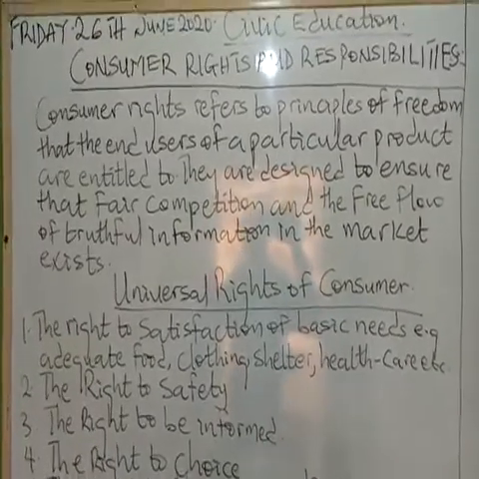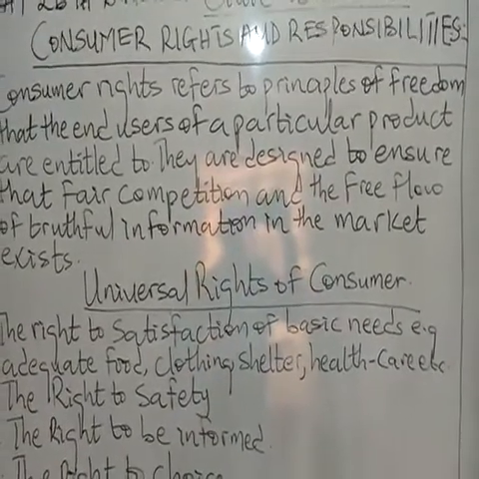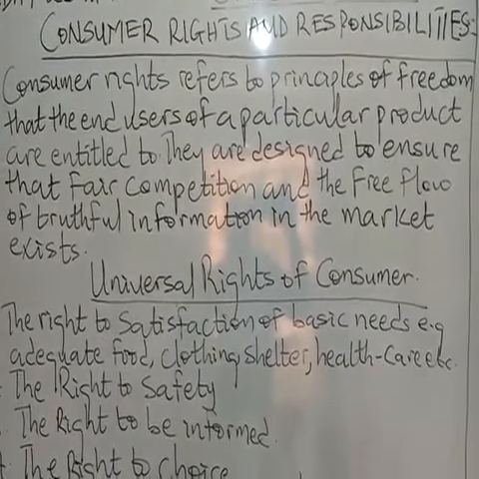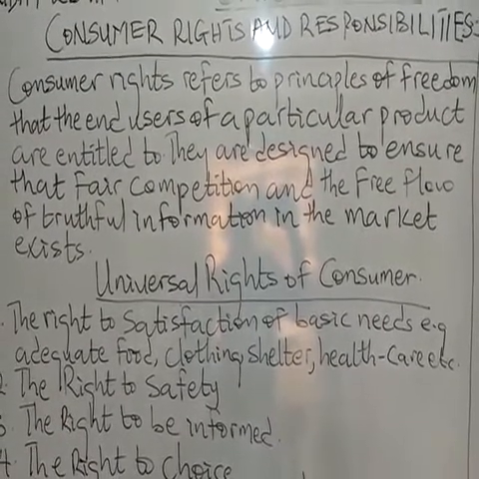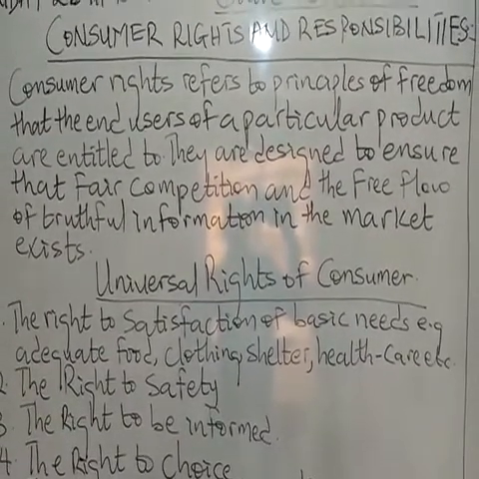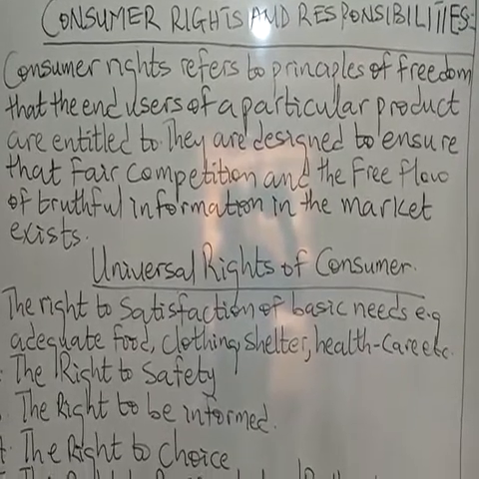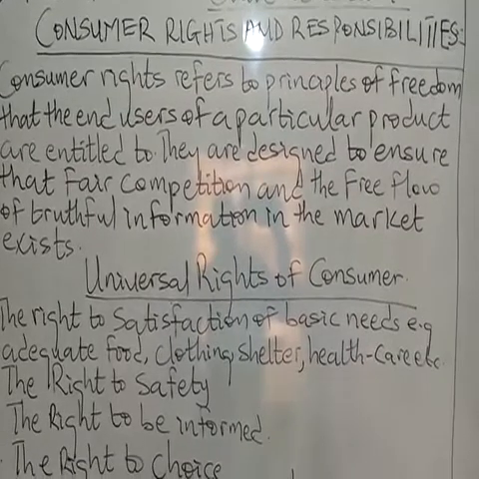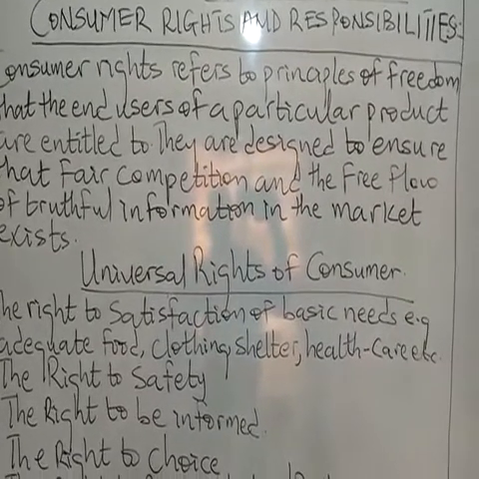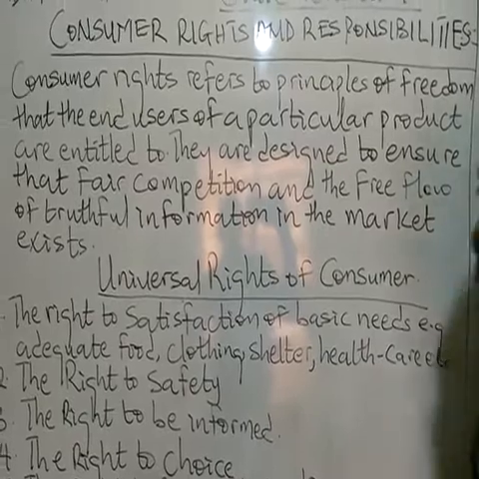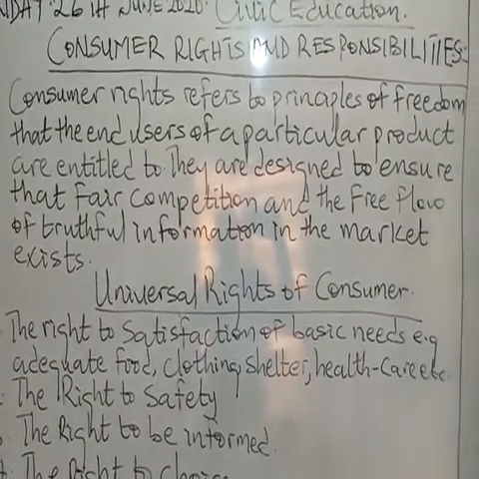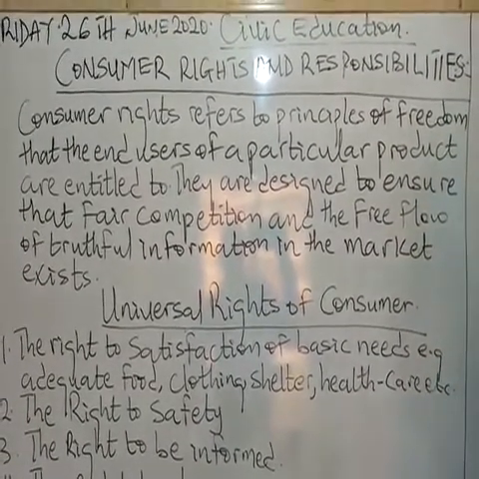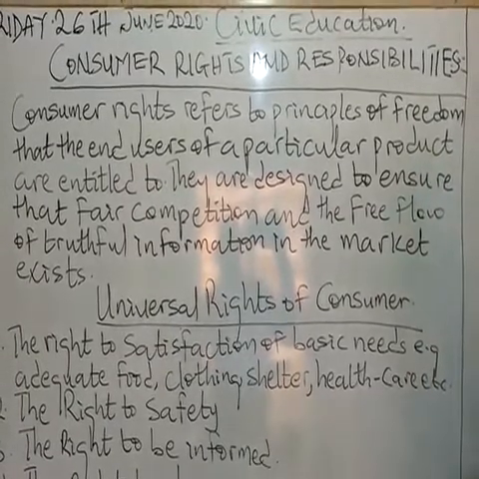So when we're talking about a consumer, it is the last person among the chains of trade. It's the person that uses all the goods that the manufacturer has produced. So when we're talking about consumer right, what does it mean? Consumer right refers to principles of freedom that the end users of a particular product are entitled to.